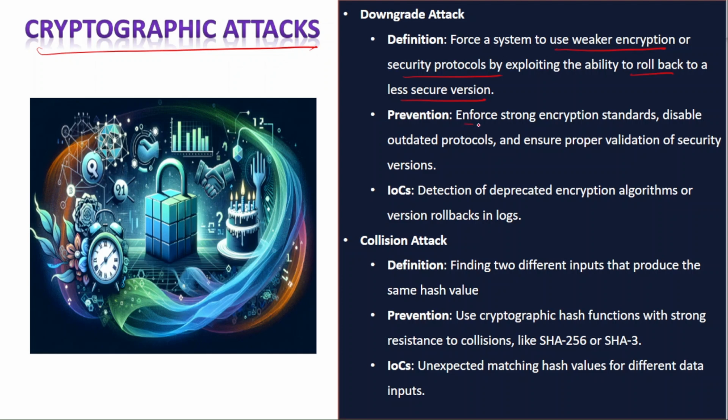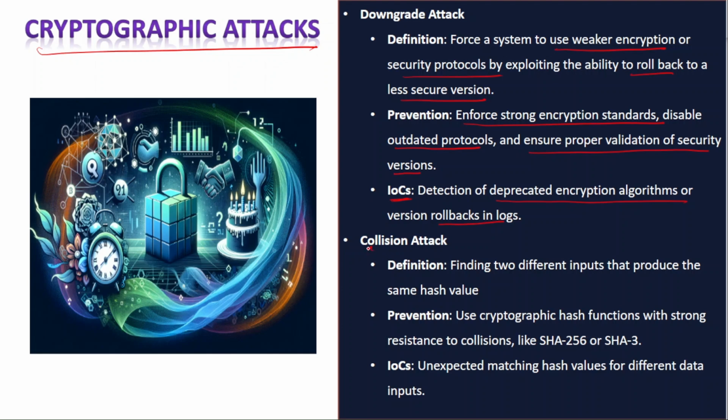Prevention includes enforcing strong encryption standards, disabling outdated protocols, and ensuring proper validation of security versions. Indicators of compromise include detection of deprecated encryption algorithms or version rollbacks in logs.